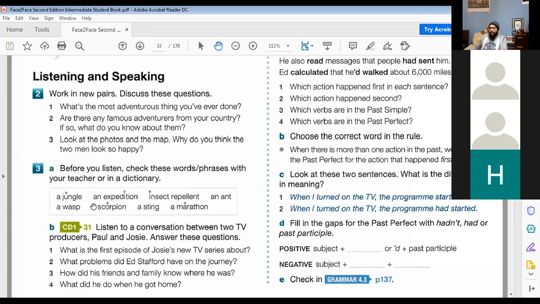Insect repellent, maybe this one is new too. An ant, everybody knows an ant. A wasp, do you know what a wasp is? Hajar, Malak, do you know what a wasp is?